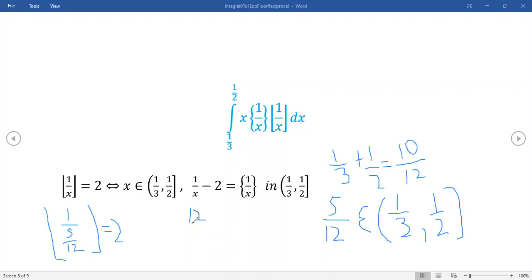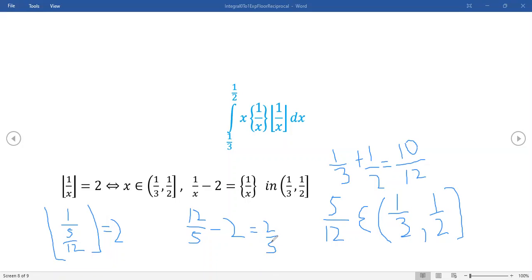The reciprocal of 5 over 12 is 12 over 5. Now 12 over 5 minus 2 would indeed return a fraction, 2 over 5, right? So it works.